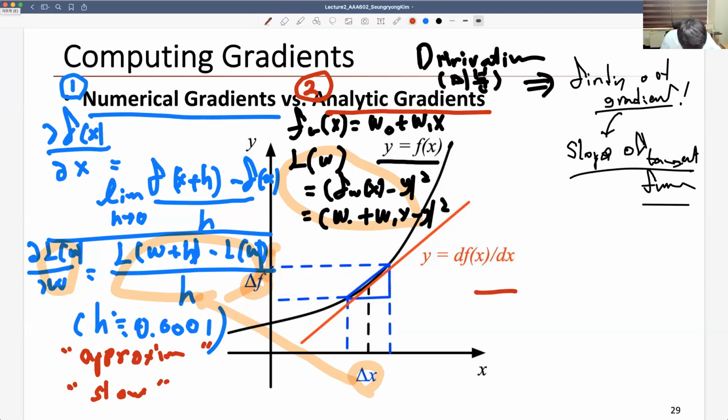In the analytic gradient, we define the gradient analytically, as we did previously, something like this.